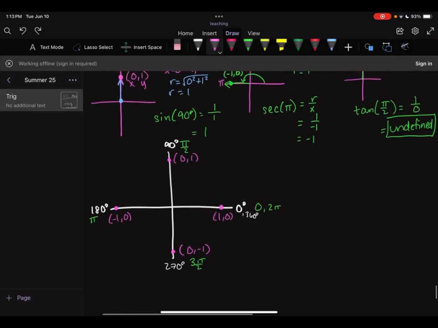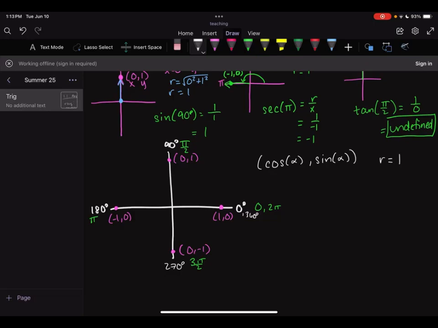What you'll notice about these is that every point on the unit circle is a cosine, comma, sine point. And the way that I get that is because remember that the radius equals 1 for the unit circle.